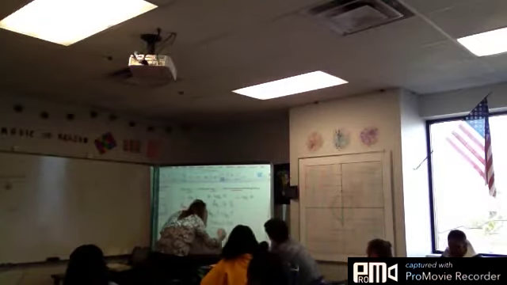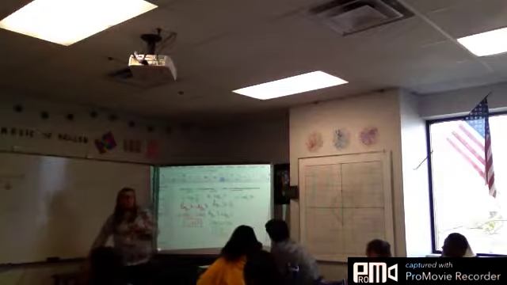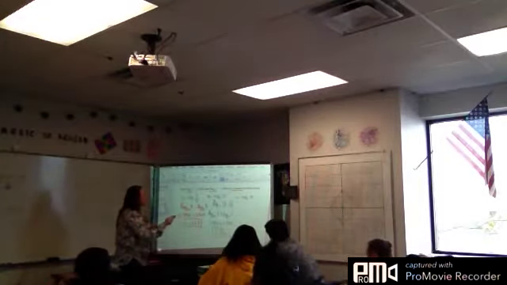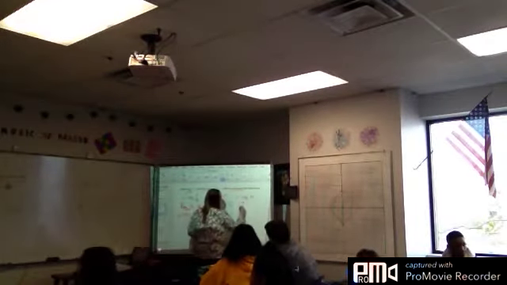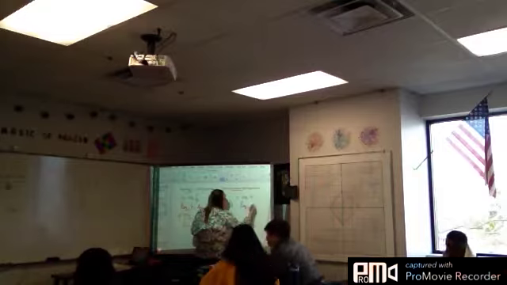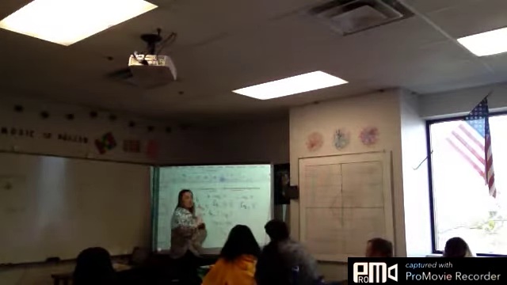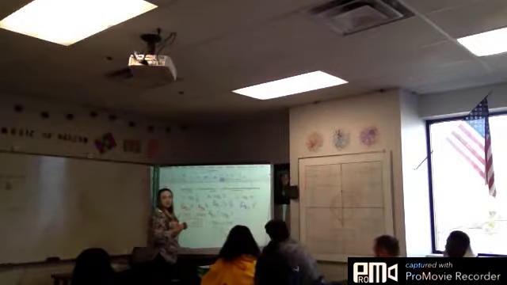On C, what do you do? Break it down to 7 and 7, or another way of saying that is log base 4 of 7 squared. What happens to the squared when I have a power?